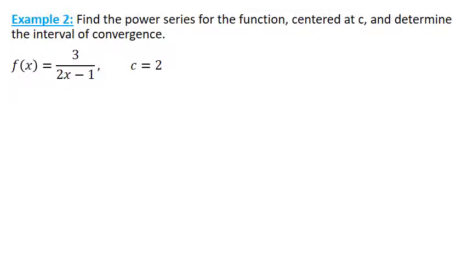Okay, so for this one, we want to find a power series for the function centered at something other than 0 now and determine the interval of convergence. So just like previously, our goal is to make our expression look like this, because this is equal to the geometric series.